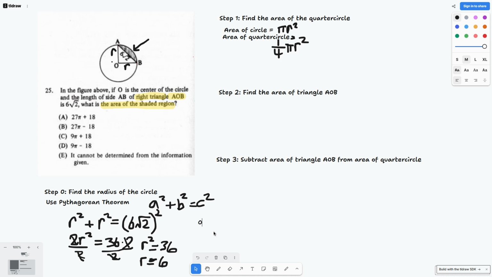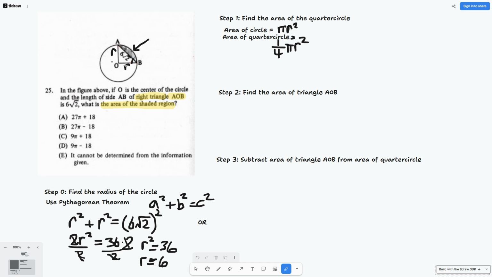What we have here is a 45, 45, 90 triangle. And we know we have that because both of the legs have the same length. So when you have a 45, 45, 90 triangle, that tells you that these two angles here are 45 degrees. I'm just going to go over this quickly.